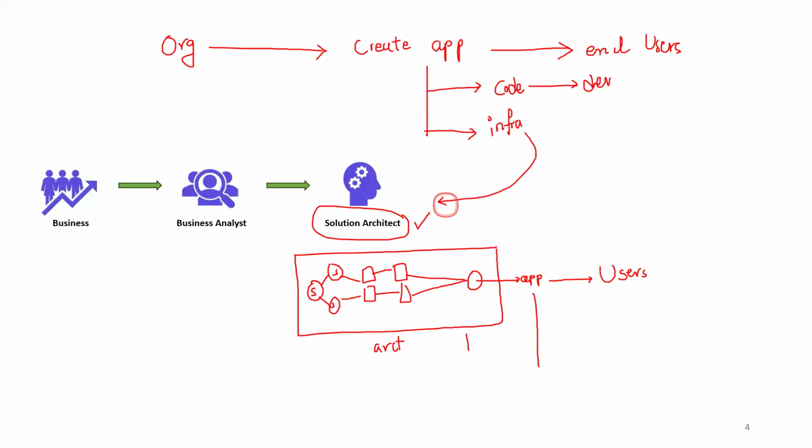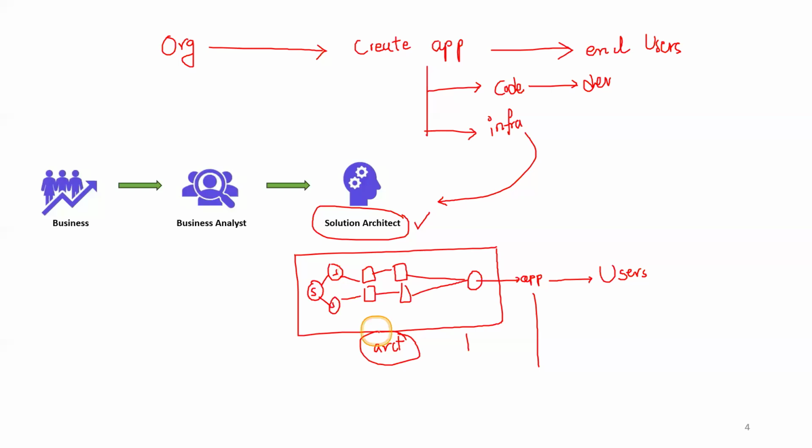So infrastructure is mentioned, that means what amount of infrastructure is required. Infrastructure is nothing but computational resources to run your code. So that amount of resources required will be mentioned in the architecture diagram. Okay, so this is how the solution architect will create the architecture diagram for the code deployment.